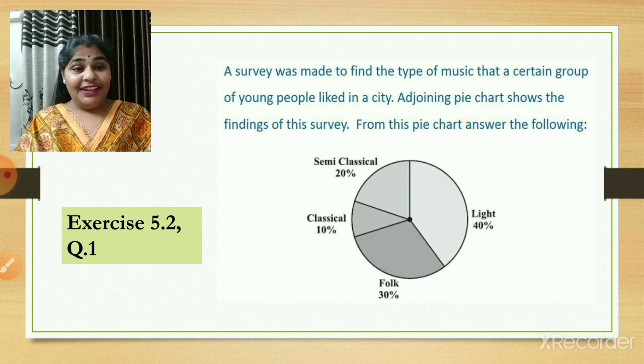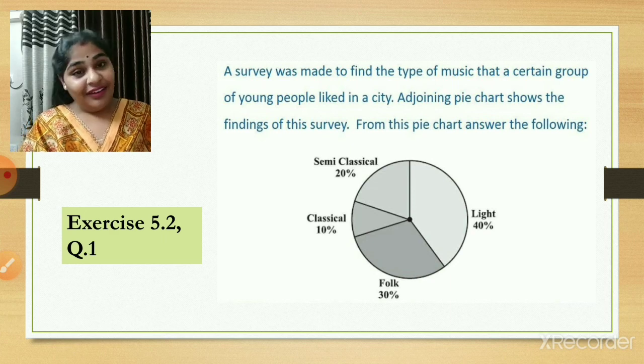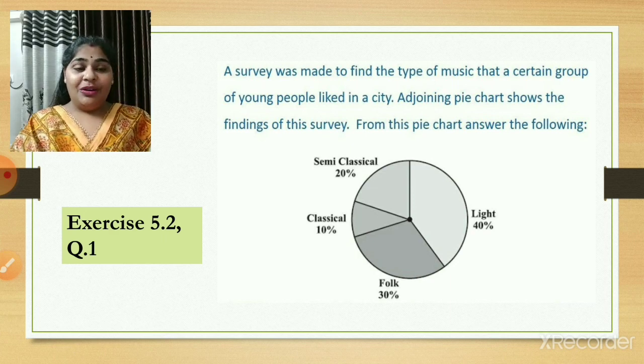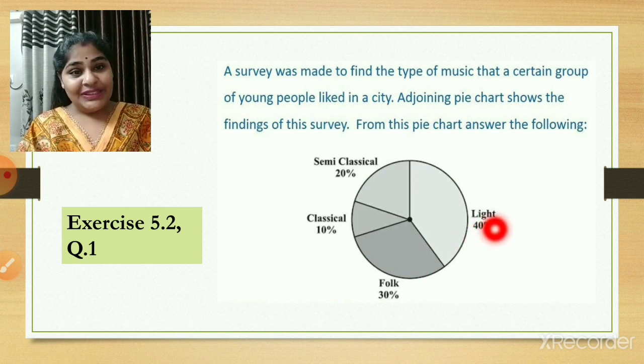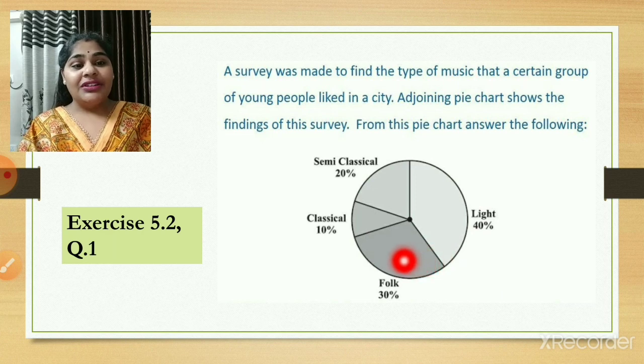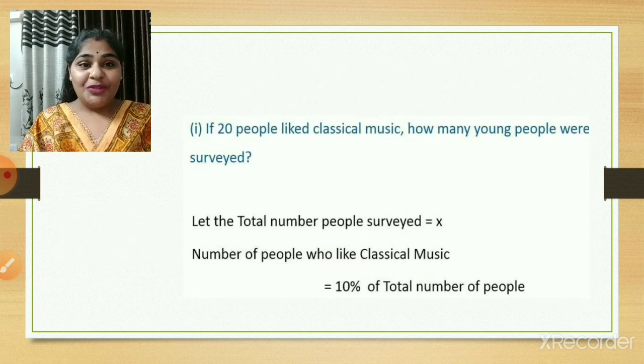First of all, check that 20% plus 10% plus 30% plus 40% will obviously be 100%. Now let us see. Looking at the pie chart, children, we understand that 40% of people like light music, 30% like folk, 10% like classical, and 20% like semi-classical. So let us proceed with the questions.